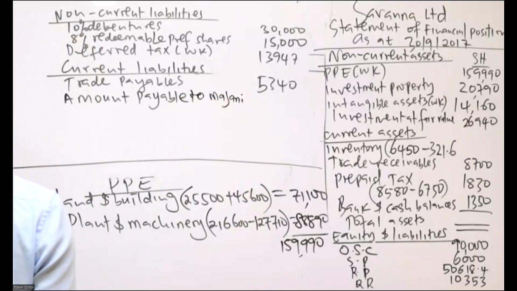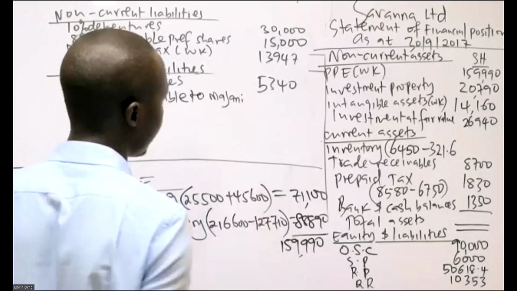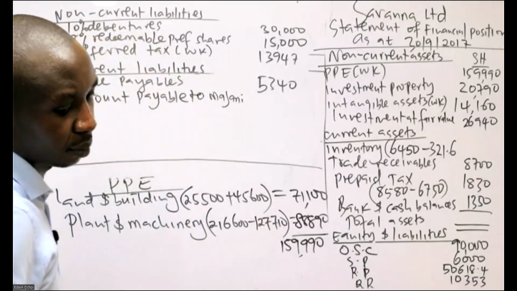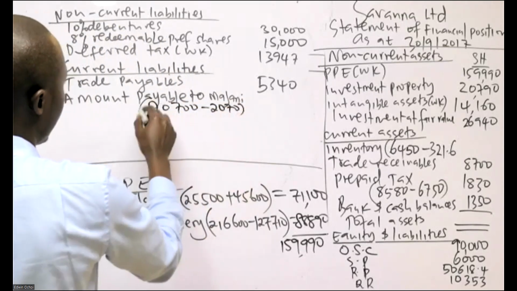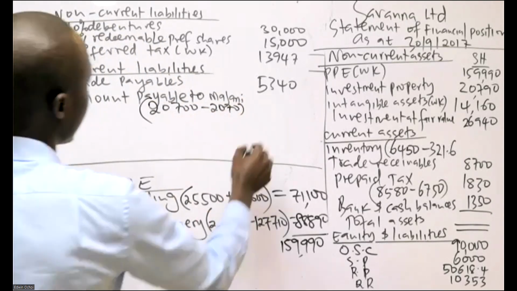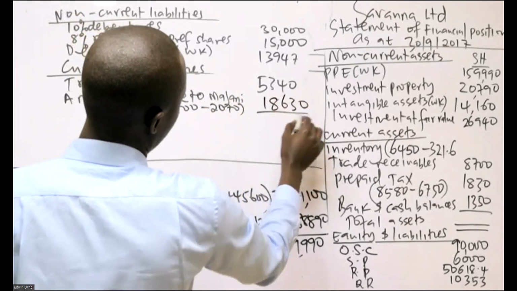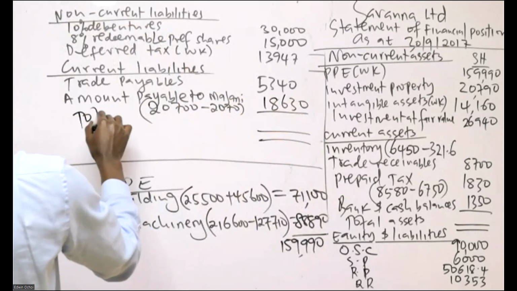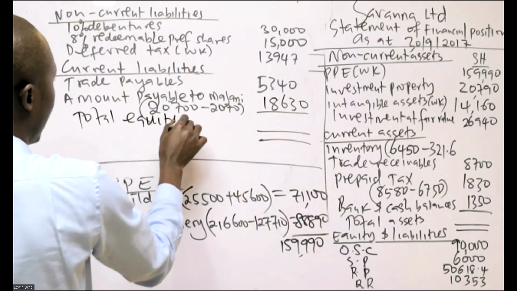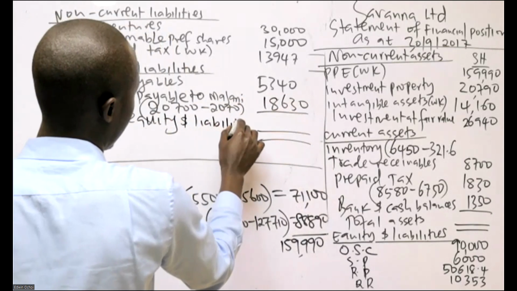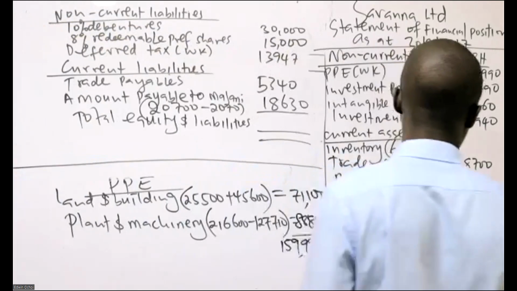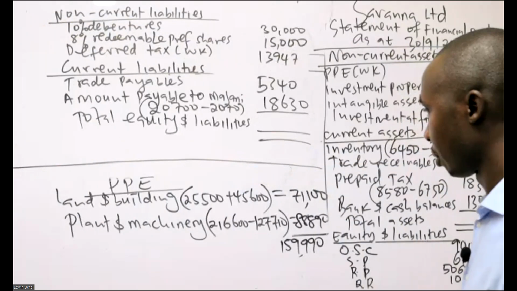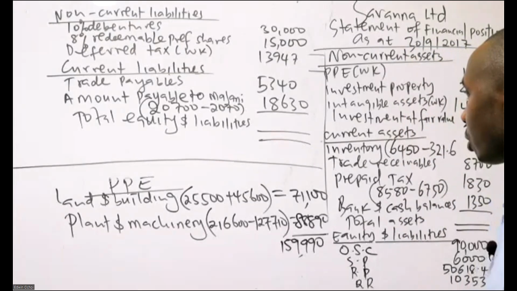So after taking 2,700 minus the commission he was retaining, 2,700 minus 27, he was supposed to remit 18,630. My total equity and liabilities. I check if the question is balancing. Oh, we have been doing stories here. Oh, our question is okay.